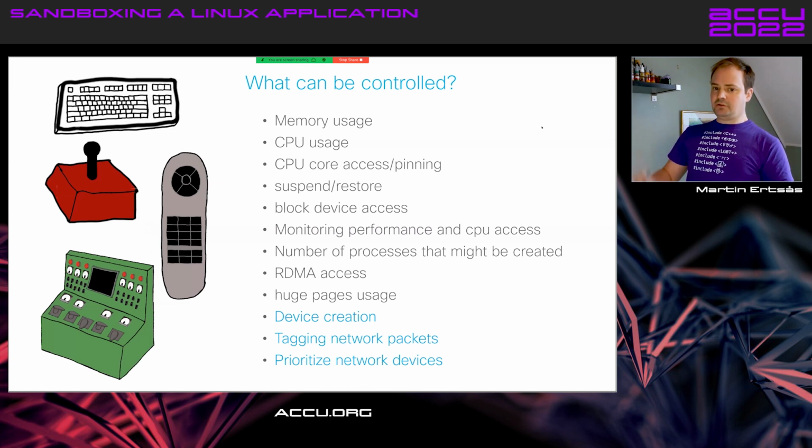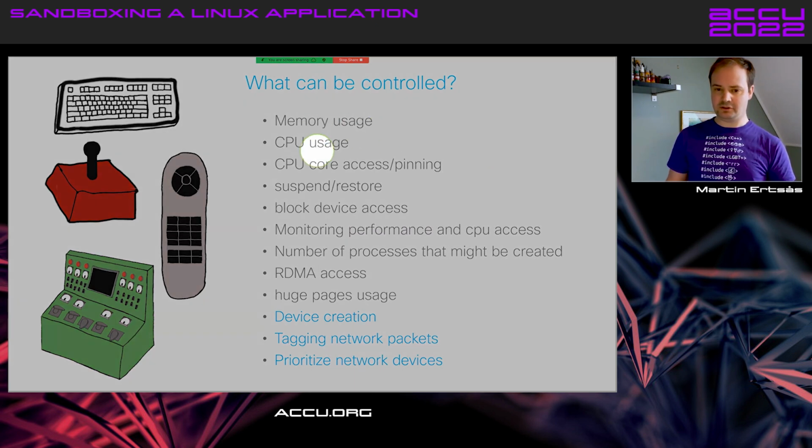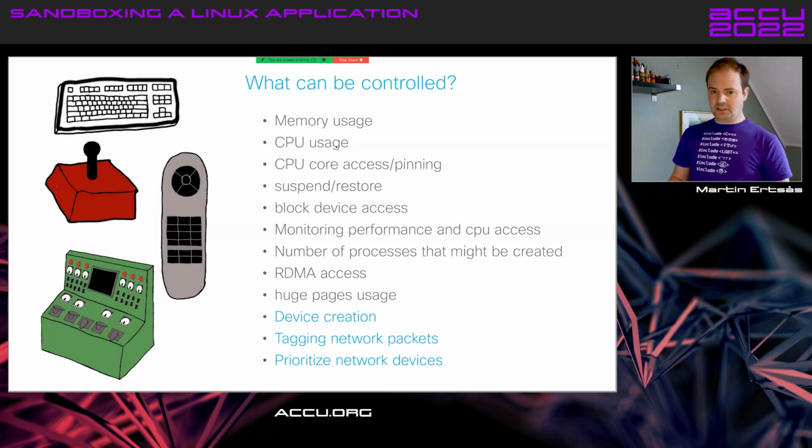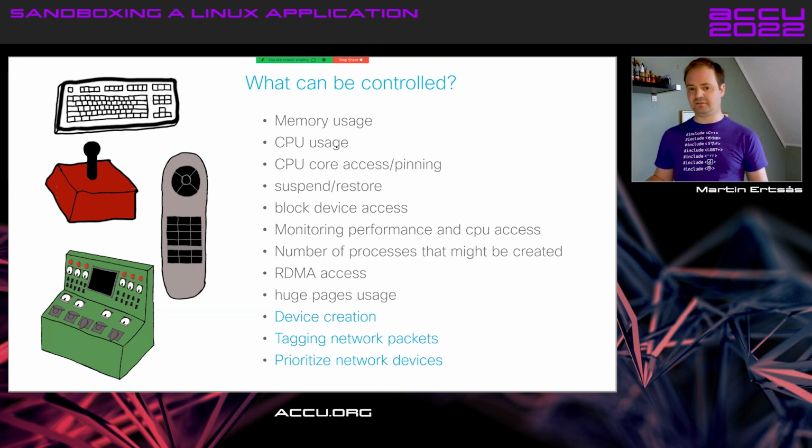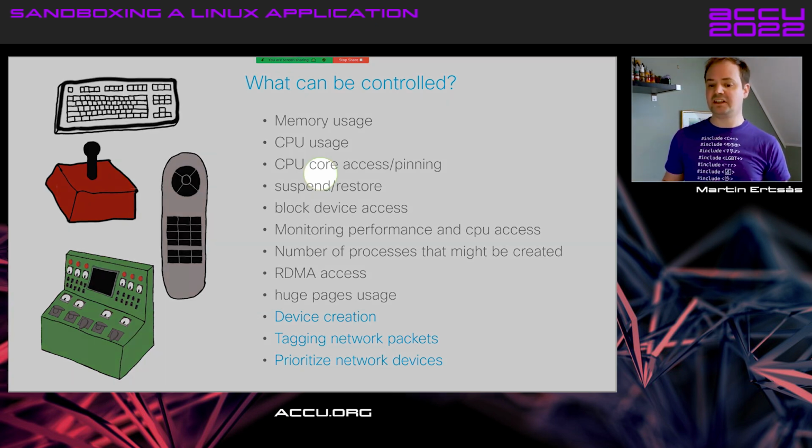Now you have a lot of controllers. We're not going to go through all of them. We will look at memory usage, CPU usage. But you can do a lot of stuff. You can limit block device access. You can prioritize network packets.